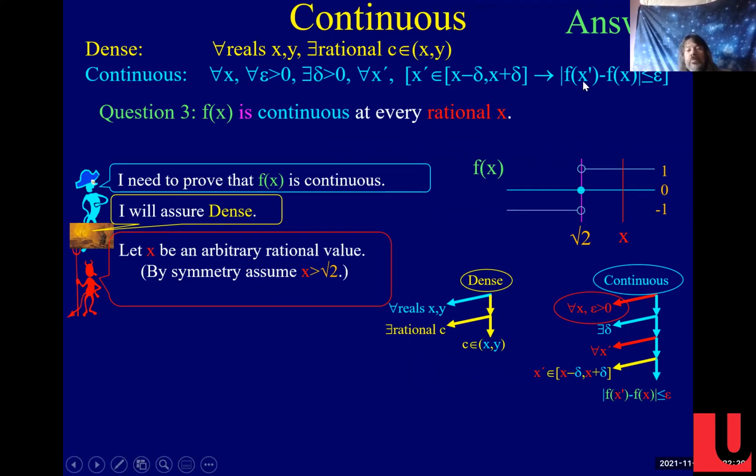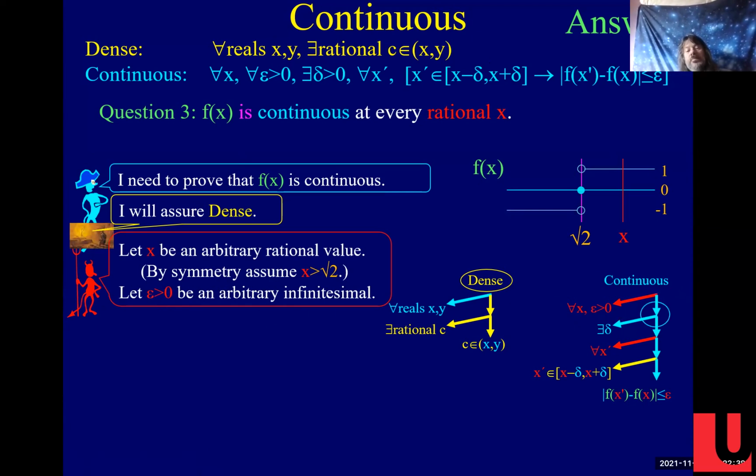What do we need to prove? We need to prove that f(x) is 1, right? Anyway, let's keep going here. And then we let epsilon prime be 0, and then we come down and try to prove this.